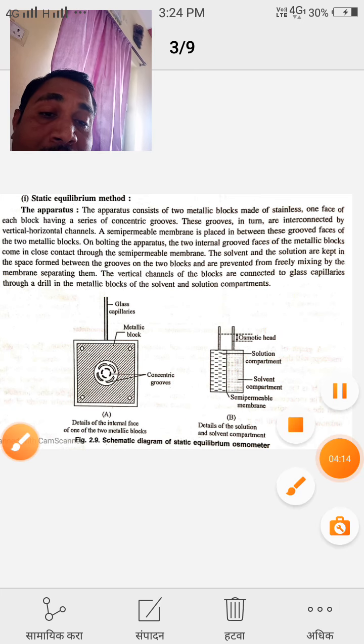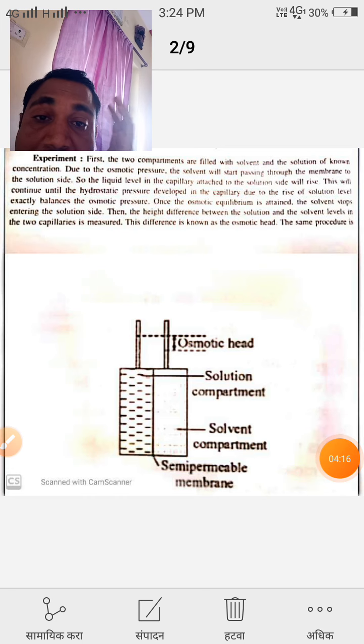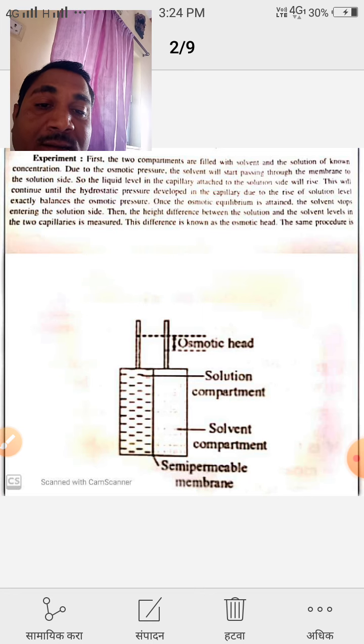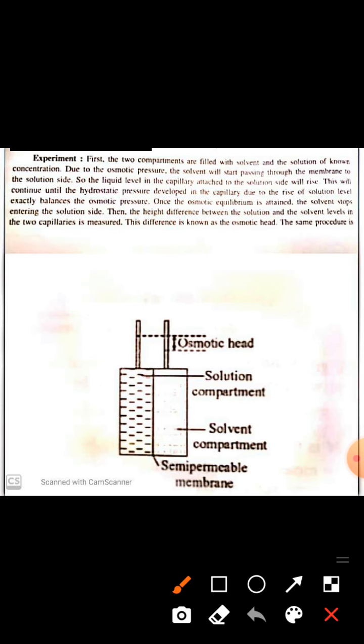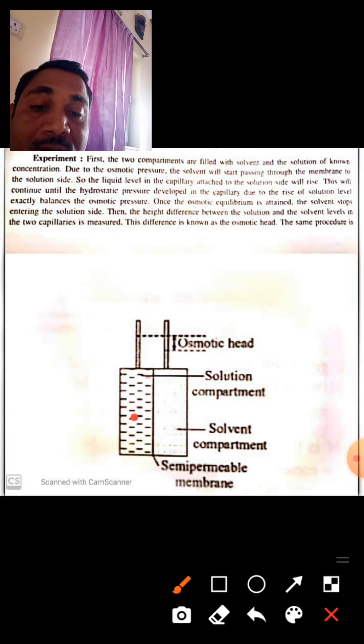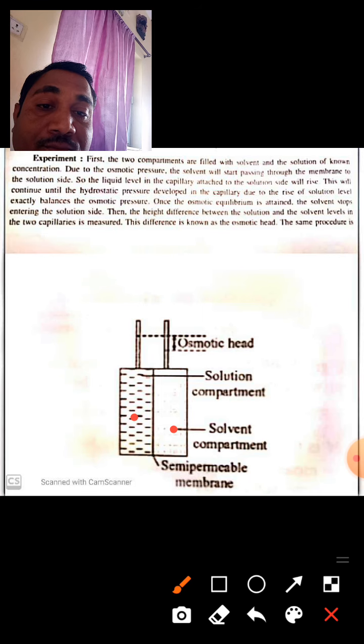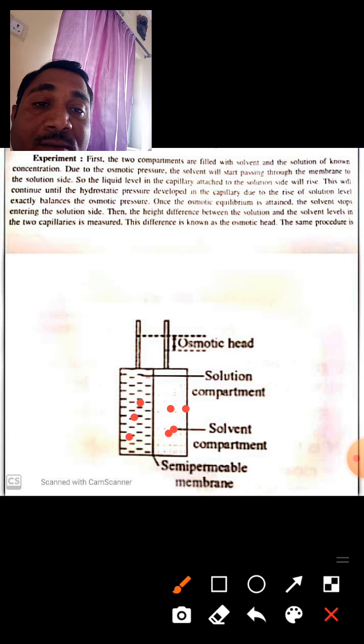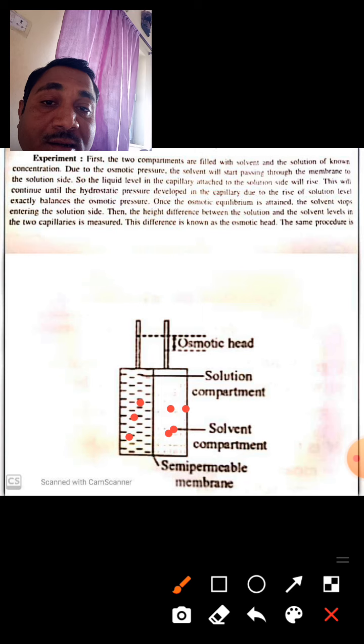Now in the next slide we explain the experiment. First, the two compartments are filled with a solvent and a solution of known concentration. At the start, in this compartment solvent is filled and in that compartment solution is filled, which is of known concentration.